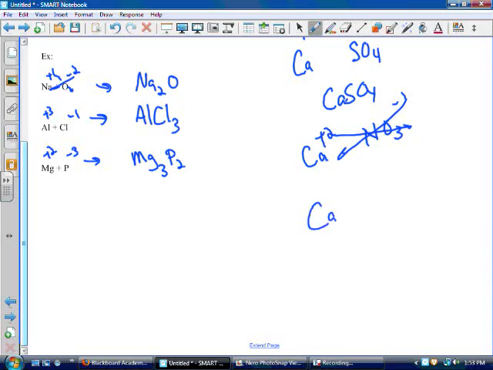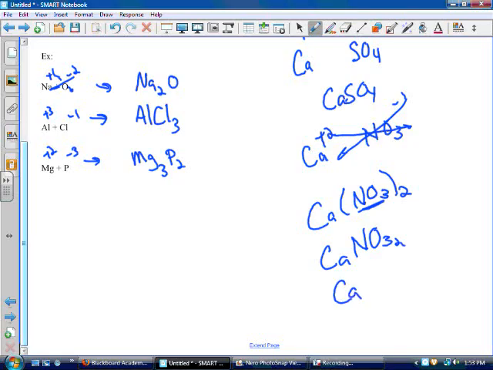And to express the fact that I have 2 nitrates, anytime I bring a number down with a polyatomic ion, I must put the polyatomic ion in parentheses first. So when that 2 is coming down, I have to put the parentheses around the NO3, and show 2. What that is showing is I have 2 of that entire particle. If I didn't do that, I would have something that looked like this, and that gets confusing.